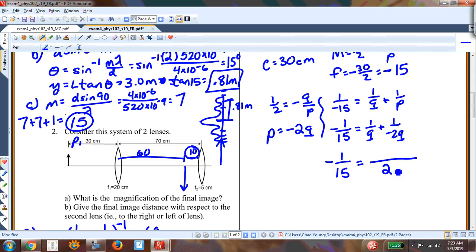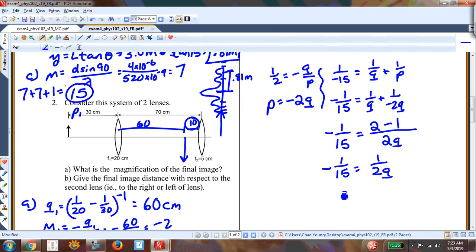So it's going to be 2 minus 1. That's the same, right? Yeah, 2 minus 1. So negative 1 over 15 is equal to 1 over 2Q. So Q is equal to negative 7.5 centimeters.